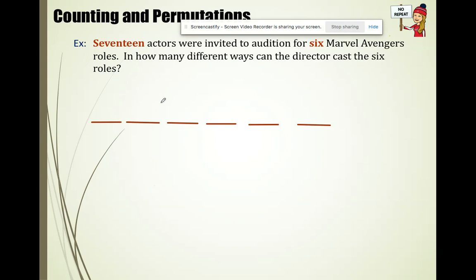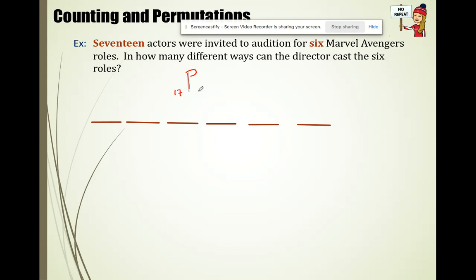And once I choose Iron Man, that person can't also be the Hulk, right? So what do I have here? I have an arrangement, which is a permutation. How many choices do I have?